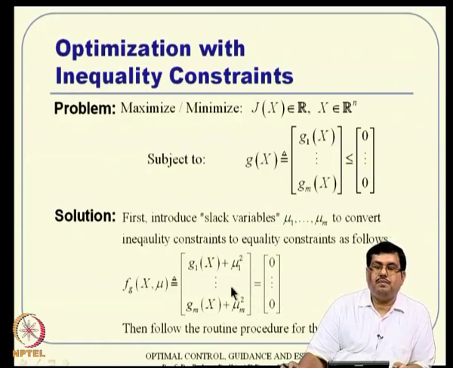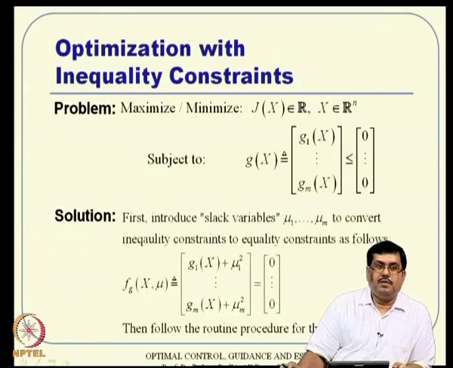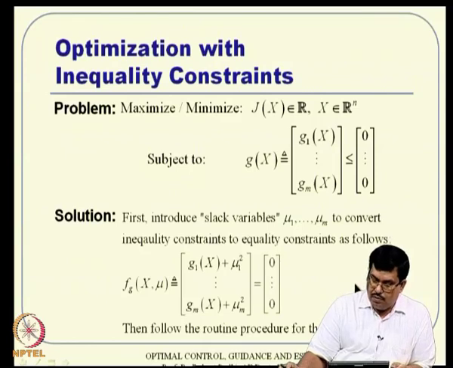Then the idea is to follow the routine procedure for the equality constraints, because we know how to handle those analytically, and we can proceed further. However, note that even though it is less than or equal to 0, we really do not know how far it is away from 0.